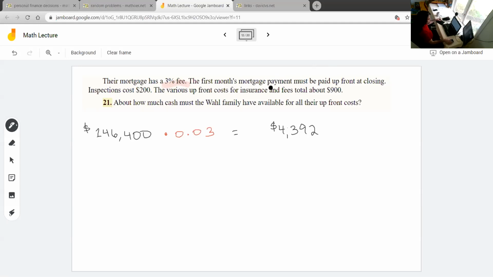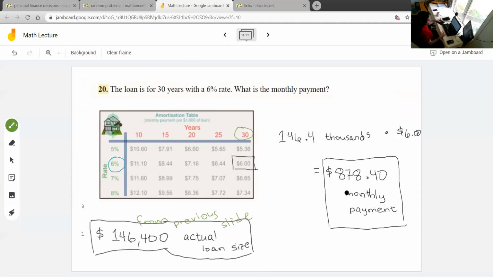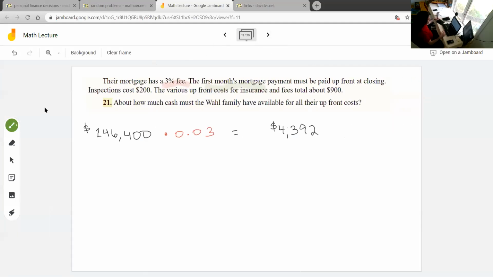Then the first mortgage payment must be paid up front. So we just did that. That was $878.40.